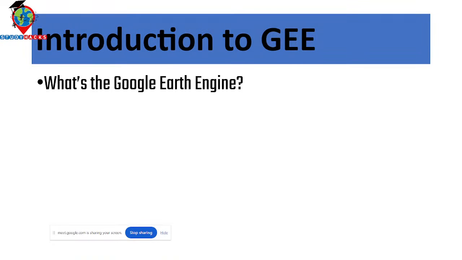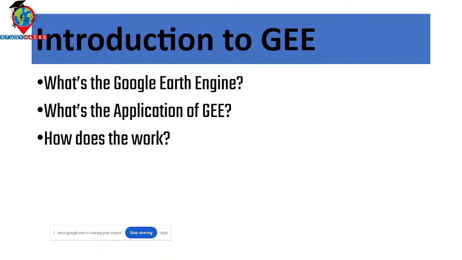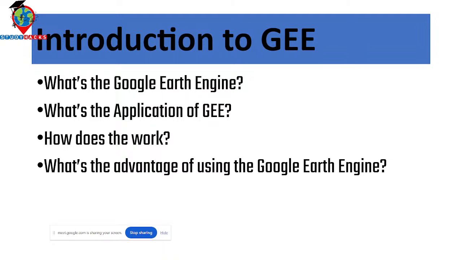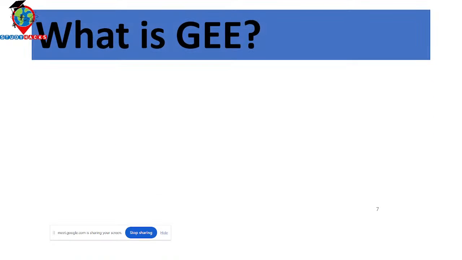So introduction, mainly what is Google Earth Engine, then what is the application, then how does it work, then what is the advantage of using Google Earth Engine, then how we can install this tool. So basically Google Earth Engine, its short form is GEE, and Google Earth Engine is a totally cloud-based platform. Google Earth Engine is not the only cloud-based platform. We already know about other cloud-based platforms, such as YouTube is a cloud-based platform.